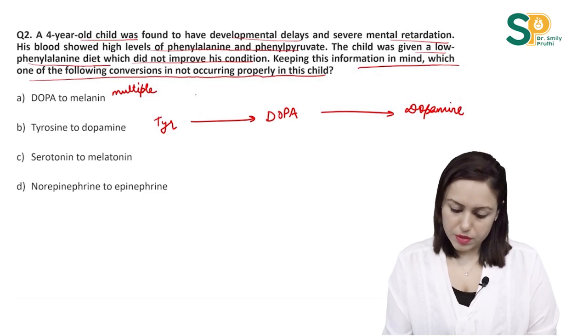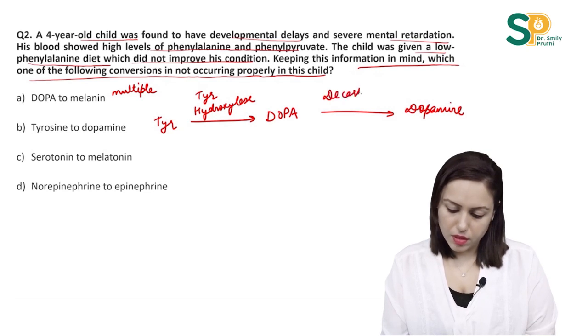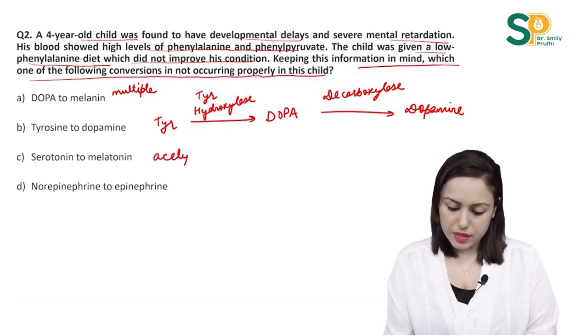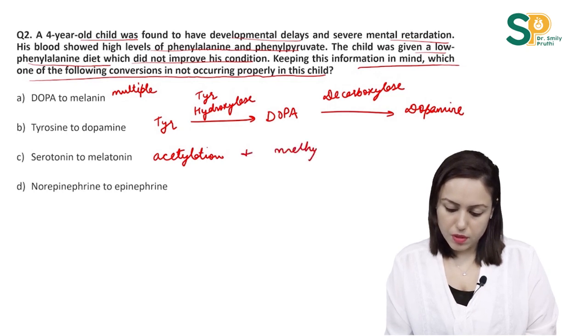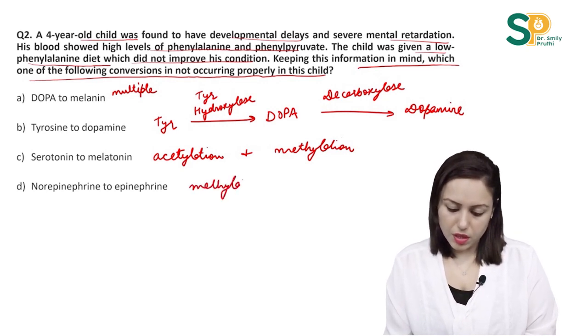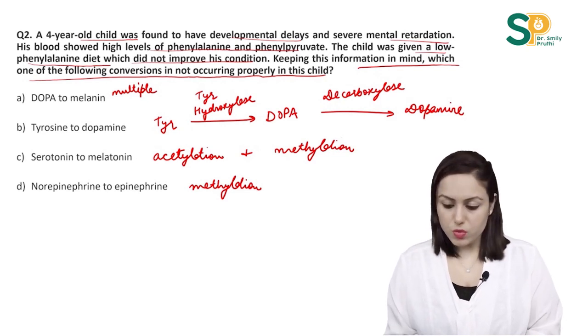Here the enzyme is tyrosine hydroxylase and here it is decarboxylase. Okay. Then serotonin to melatonin, there is an acetylation and methylation step. Then norepinephrine to epinephrine, there is methylation. So, we will come back to these options once again.